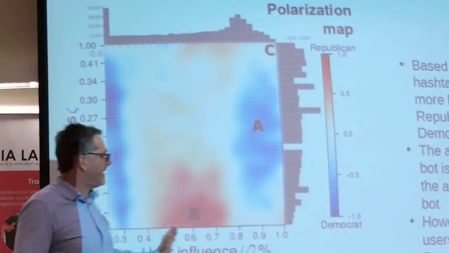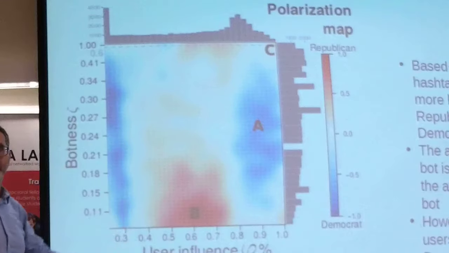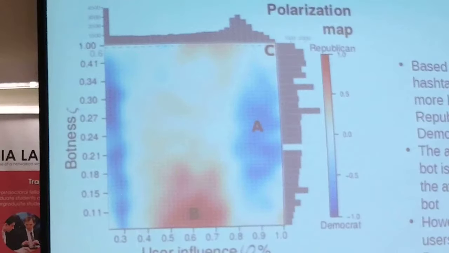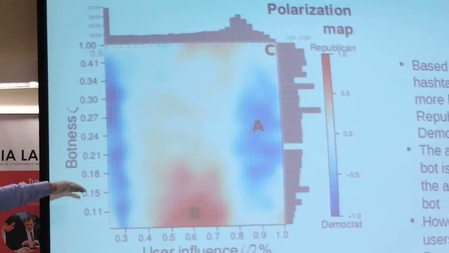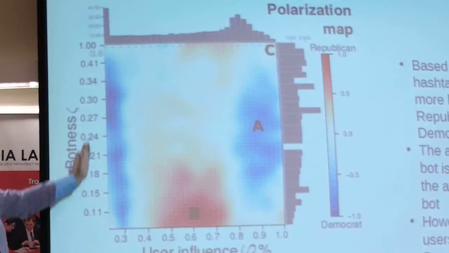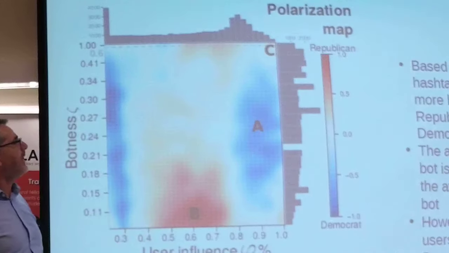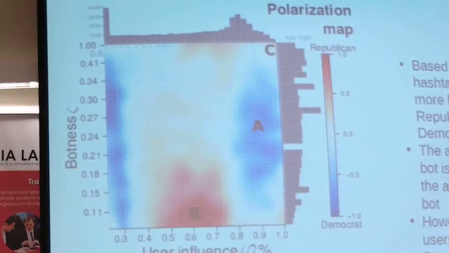As you move to the right, you're more influential in terms of your contribution to information cascades. On this dimension, we have botness. As you go up the y-axis, you're more likely to be a bot. And then it's a density map, showing the proportion or the number of bots or users who are occupying a particular space.